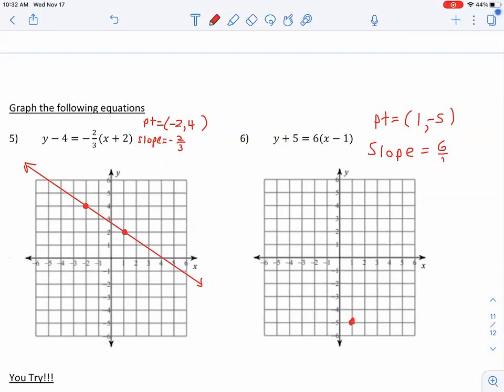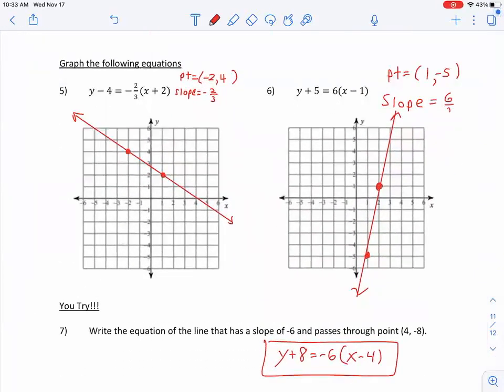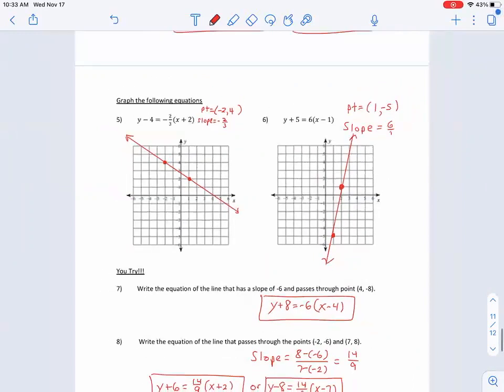And from that point, I'm going to go up 6 and over 1 to get me my other point. Connect the dots, and we're in business. All right, so again, we found the point, we found the slope, and then we graphed the point and did the slope to get our line.